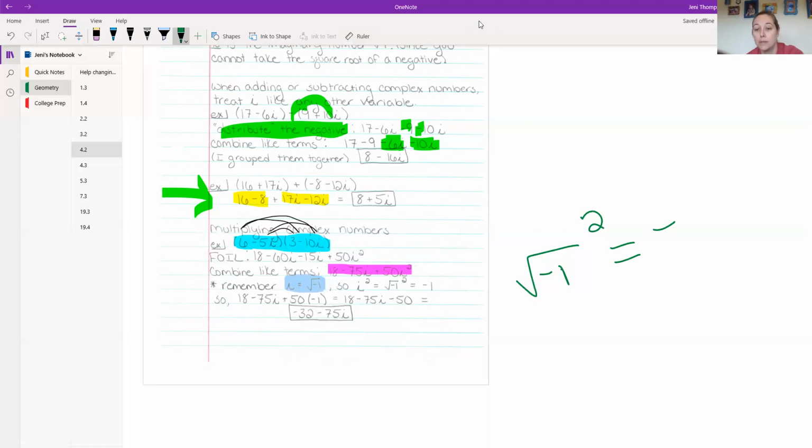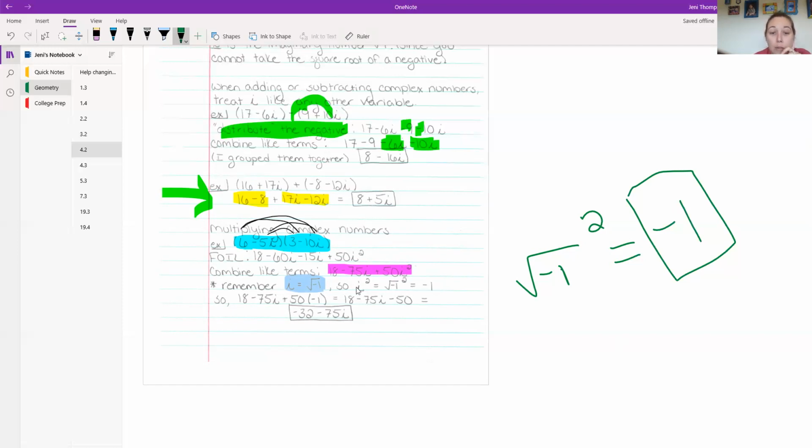So if we've got i squared, then that means it's actually just -1. So i squared is actually the square root of -1 squared, which equals -1. So instead of 50i squared, we have 50 times -1, which gives us -50.